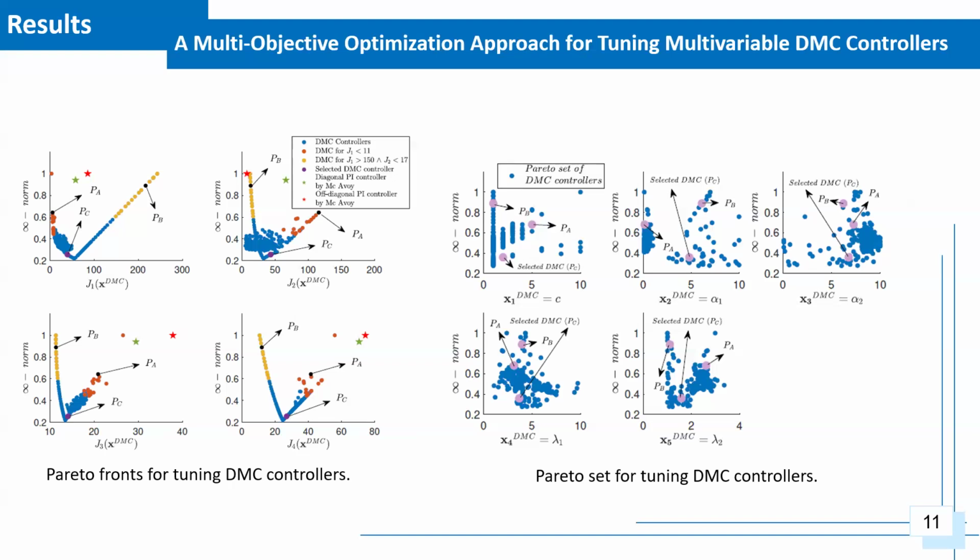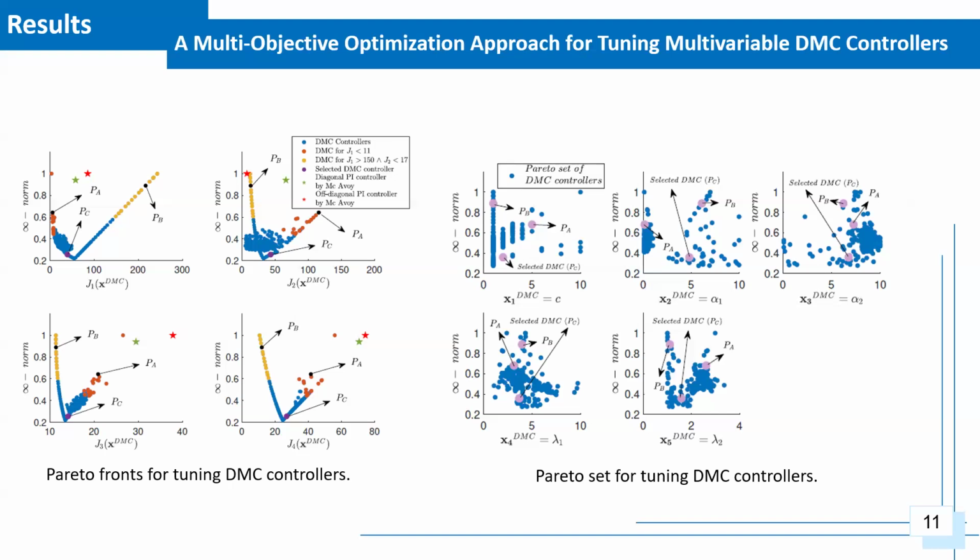Regarding the DMC control actions, objective J3 shows that the solutions achieving the best performance for Y1 require a higher control effort. Objective J4 shows the opposite trend. The solutions that perform best for Y1 require less control effort.